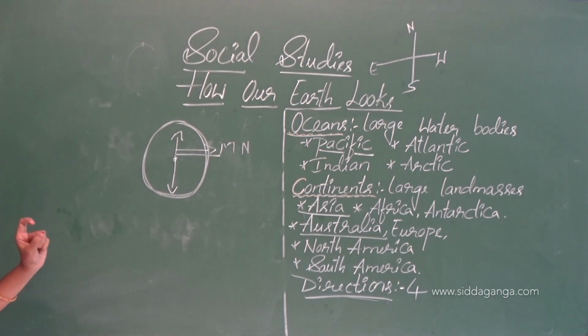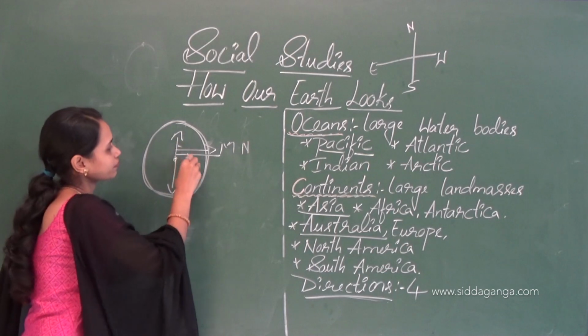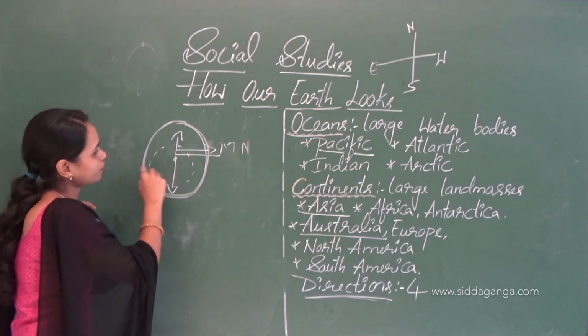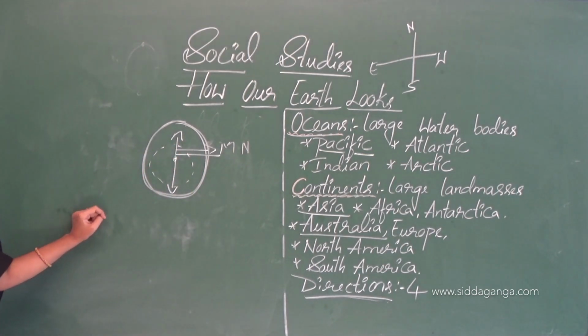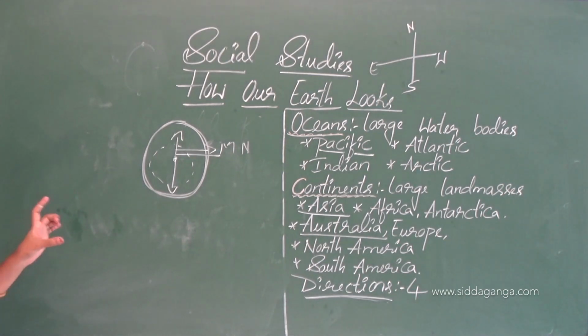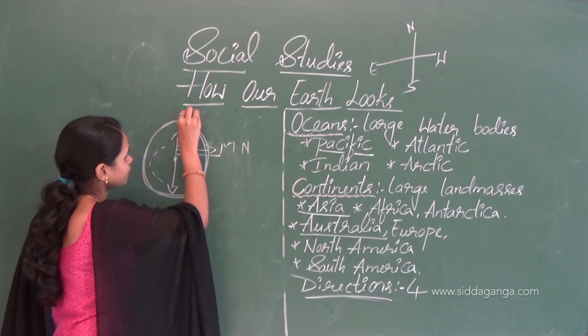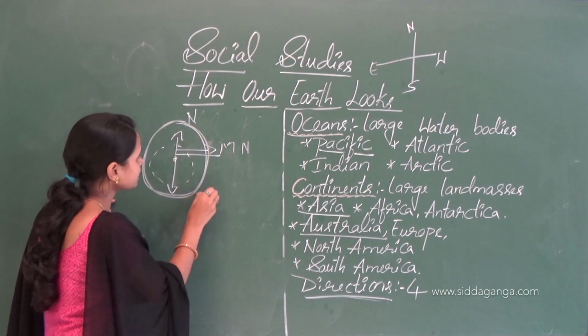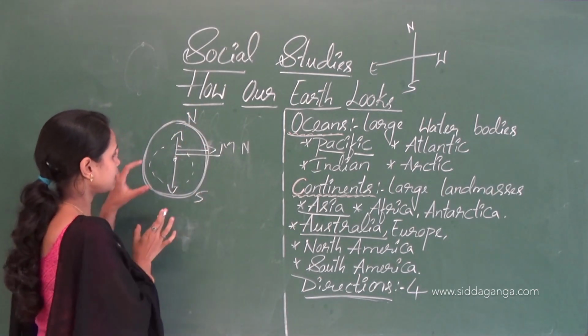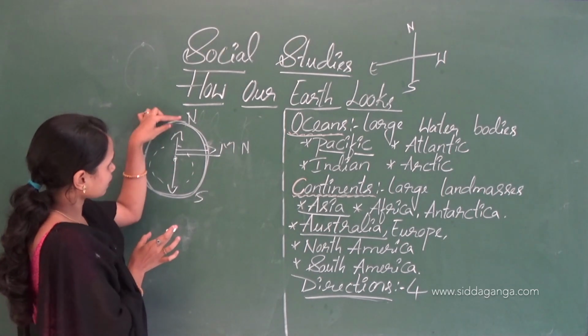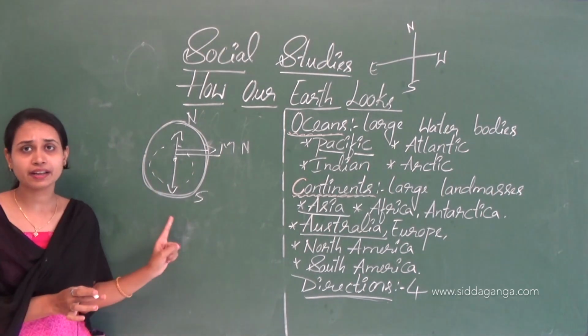The magnetic needle moves freely, and the needle always points in the north and south directions. These needles always point in the north and south directions.